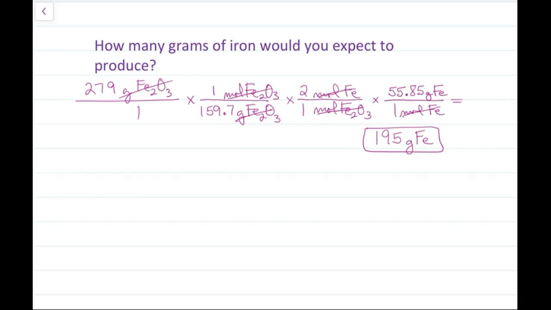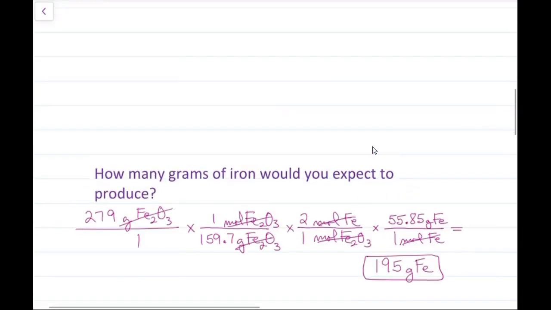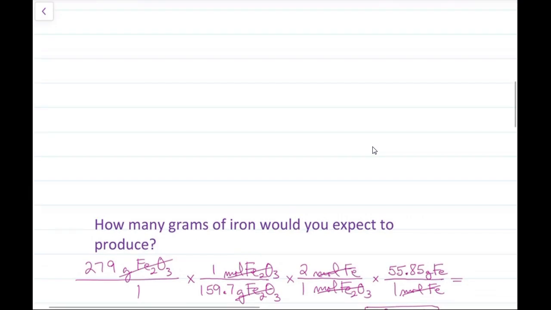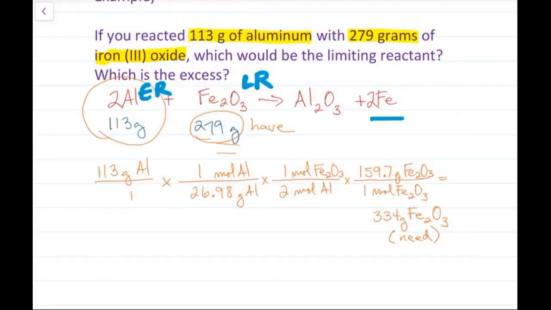Okay, so there we see, starting with 279 grams of Fe2O3, we convert to grams of Fe, which was our product that we were being asked about. How many grams of iron would you expect to produce? I get 195 grams of Fe. And if I had started with my excess reactant, if I had started with my 113 grams of aluminum and converted that to iron, I would have gotten a bigger number.